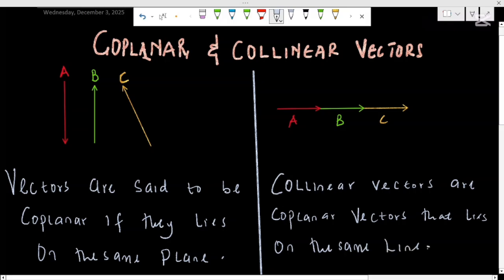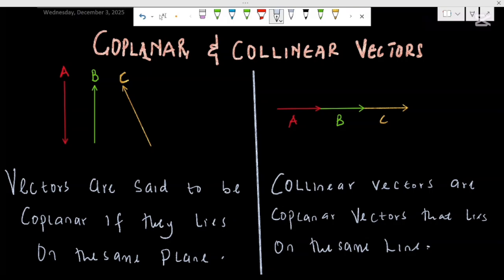It is as simple as that, right? Which means that collinear vectors are a subset of coplanar vectors. Every collinear vector set is coplanar, but not every coplanar vector set is collinear.